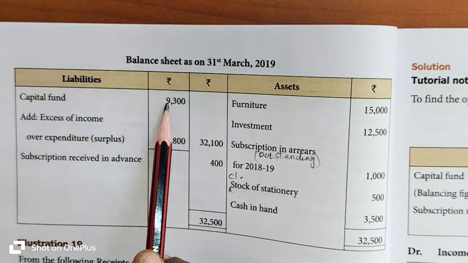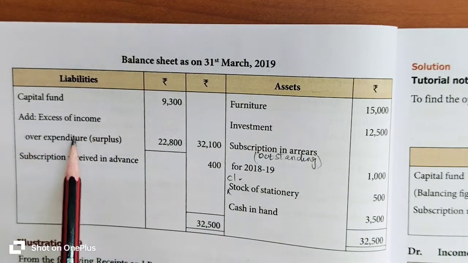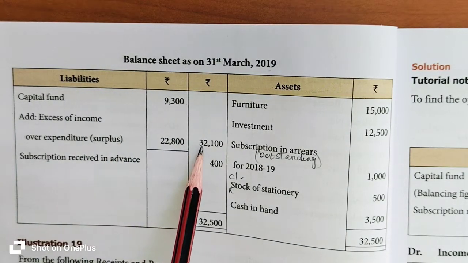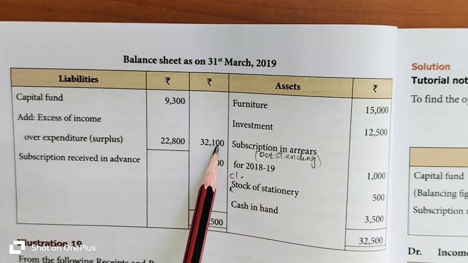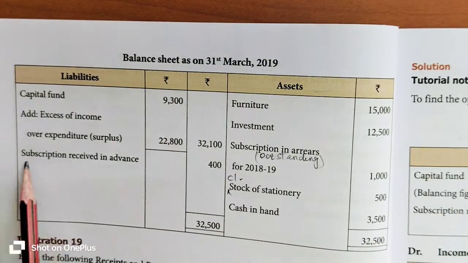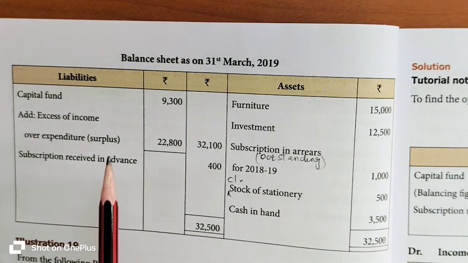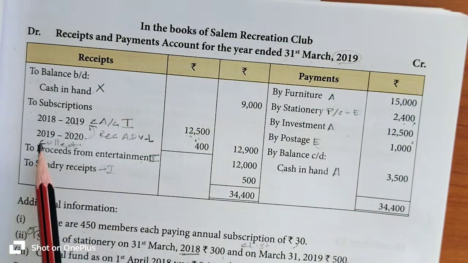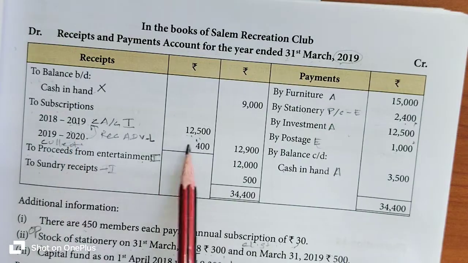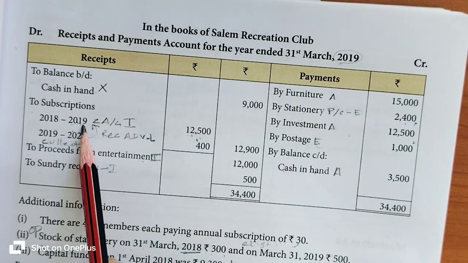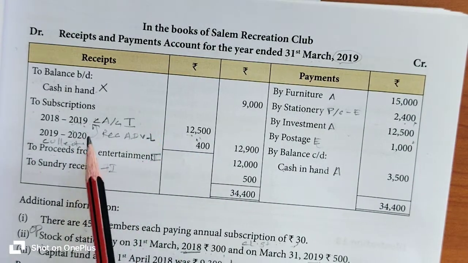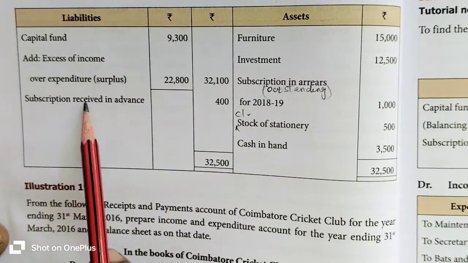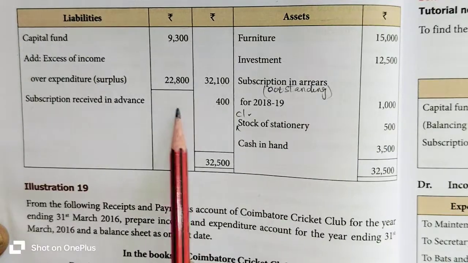Capital fund 9,300 plus excess of income over expenditure, that means surplus, 22,800, you will get 32,100 rupees. Subscription received in advance always appears on the liability side. So subscription received in advance for 2020, 400 rupees, appears on the liability side.